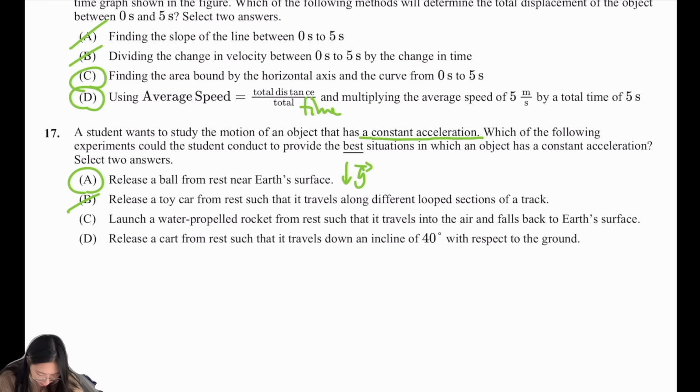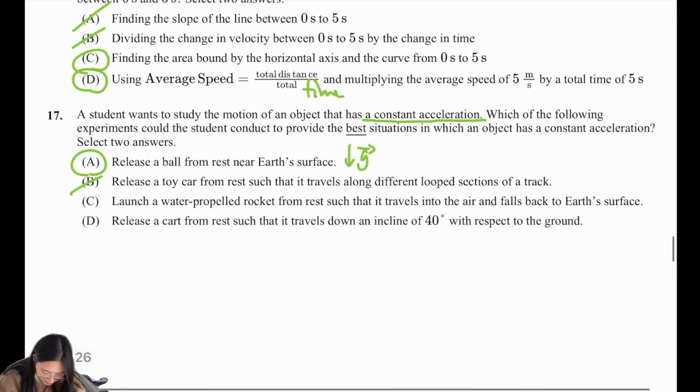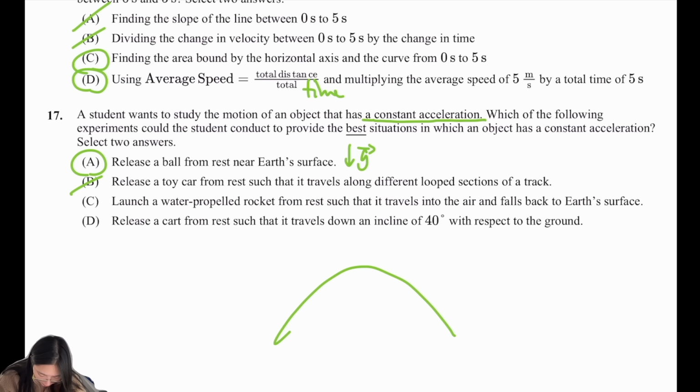C, launch a water-propelled rocket from rest such that it travels into the air and falls back to the Earth's surface. So it travels into the air and launches back. So C actually represents a projectile motion. And D, release a cart from rest such that it travels down an incline of 40 degrees with respect to the ground. Okay, so both C and D could represent constant acceleration.